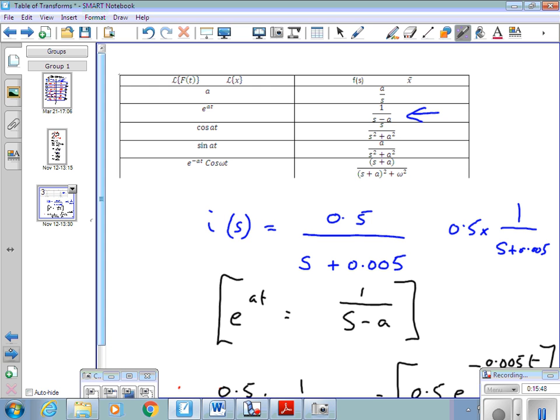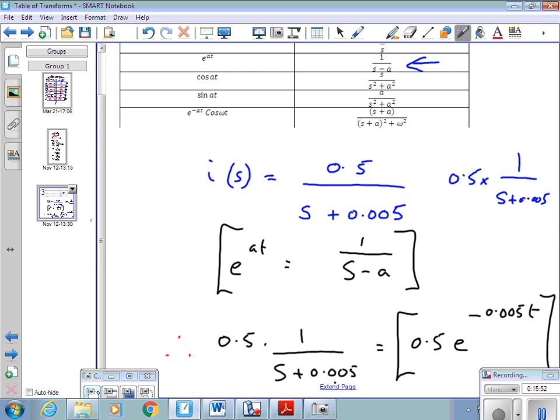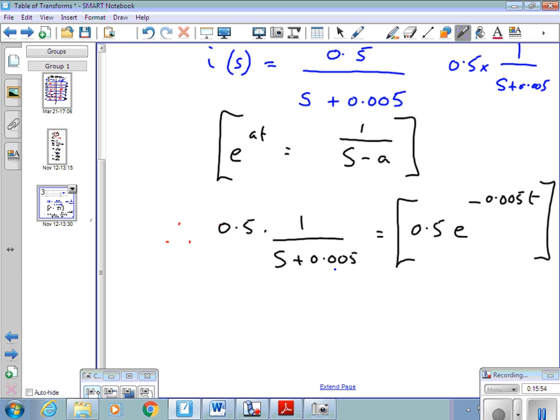And then transform it. And I end up with this. And this now is our function back in time again. So in other words, IT equals this, 0.5 e to the minus 0.005 t. And the board's going off sync again.